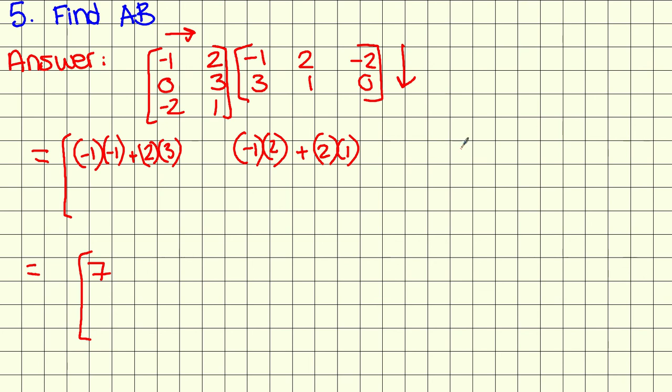Okay, so top right hand corner, that's going to be starting with the -1 and then your 2. So -1 times -2. And then your right finger moves along. So it's going to be the 2 and then the 0. Okay, so you don't need to show this much working.